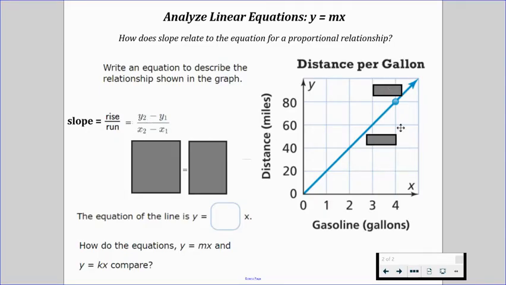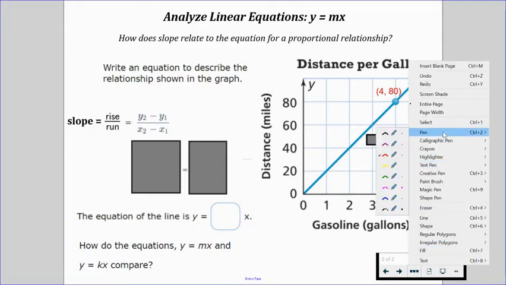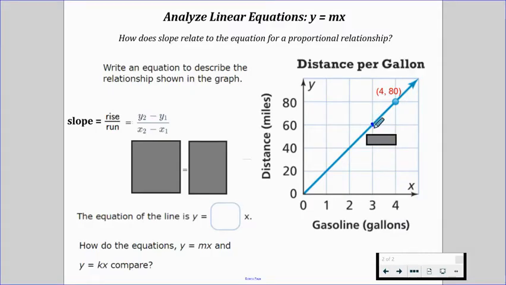One ordered pair that is given to you is when x is 4 and y is 80. And I'm going to identify the next ordered pair that is the closest, which I could see would be this ordered pair right here. So with my pen, I am going to plot it.